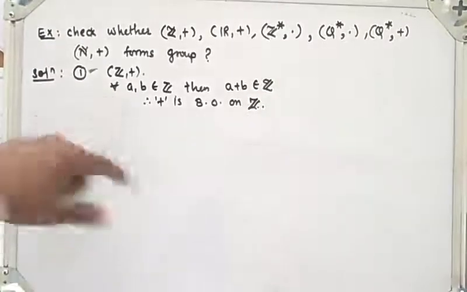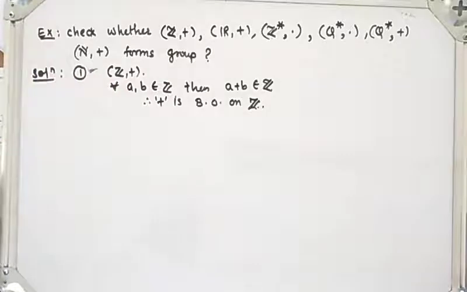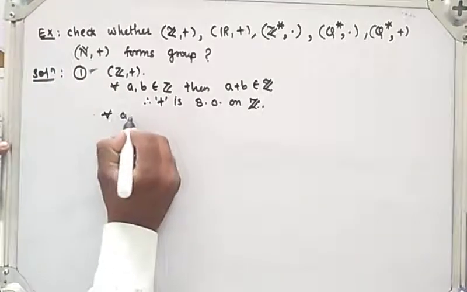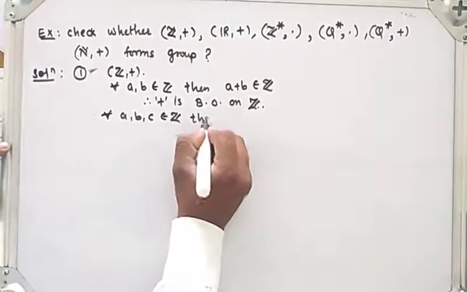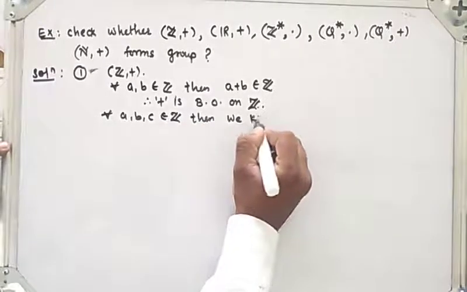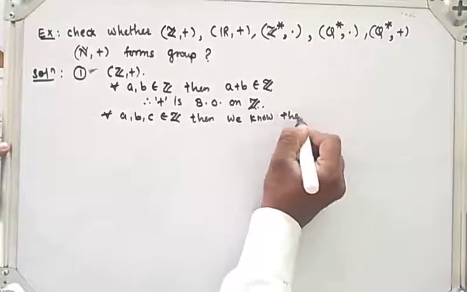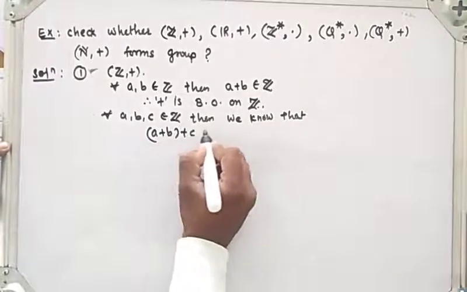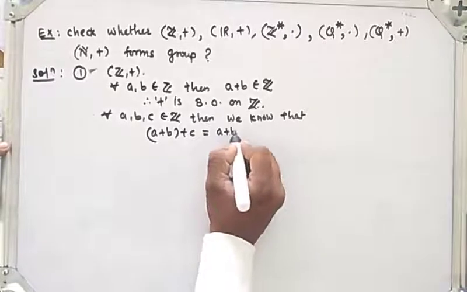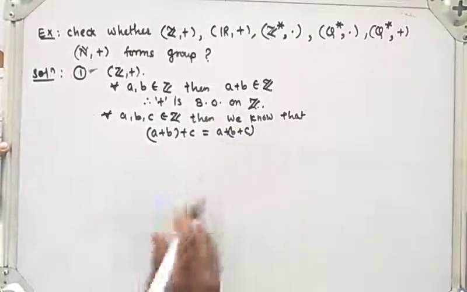Now the second property is associativity. For all a, b, c belonging to the set of integers, we know that (a plus b) plus c is the same as a plus (b plus c), right?